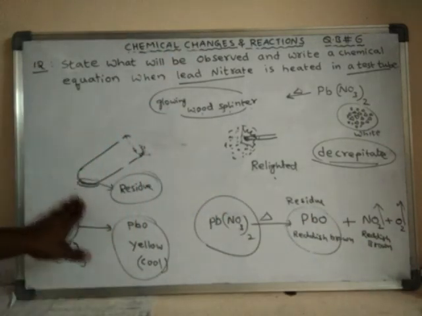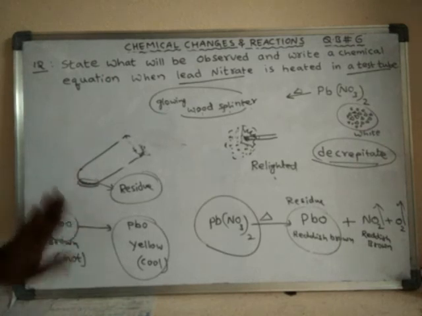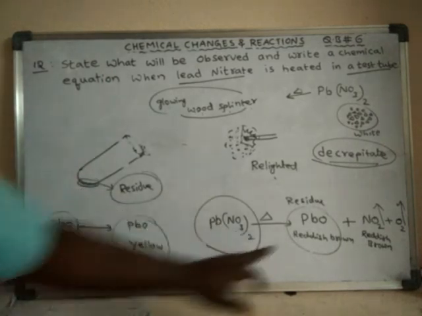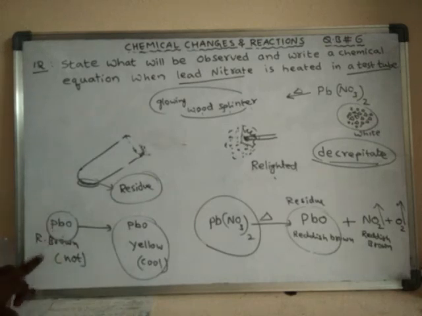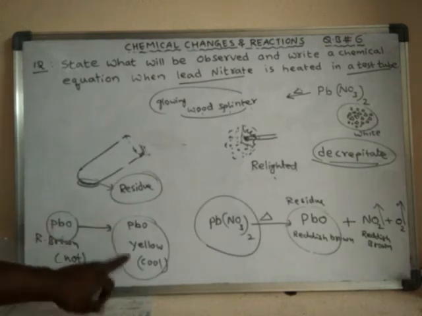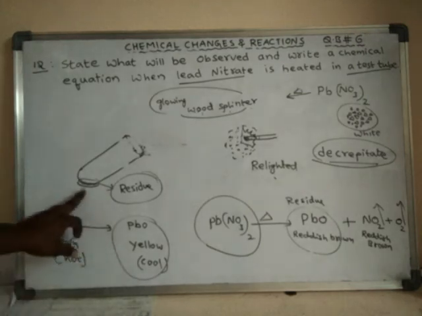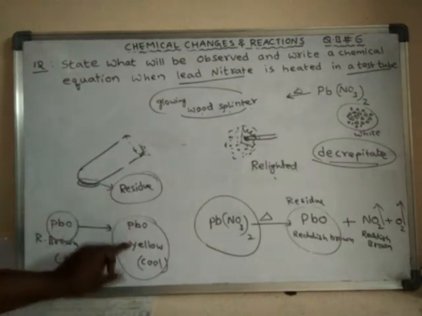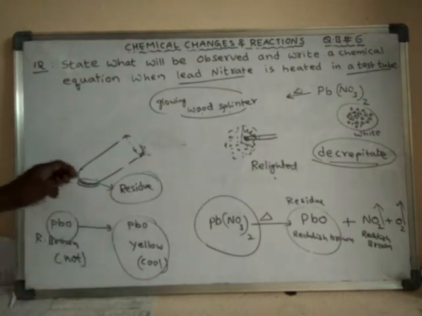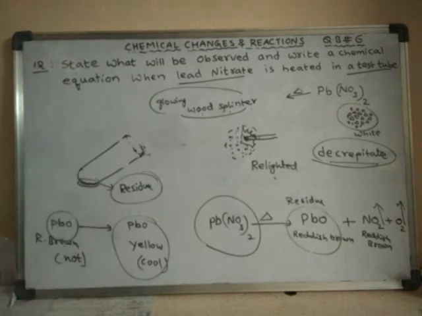After that, just stop heating and cool this one. When it is cooled, the reddish brown colored lead monoxide will turn into yellow color. Some portion of this residue will fuse into the glass, and it cannot be washed because it becomes part of the glass.